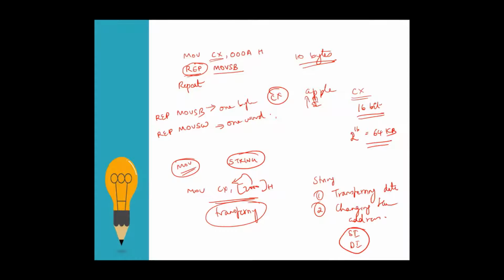So keep this point in mind: normal data transfer instructions only transfer data, but string instructions, along with transferring data, also update the SI and DI registers. Got it? Are you getting it or not?